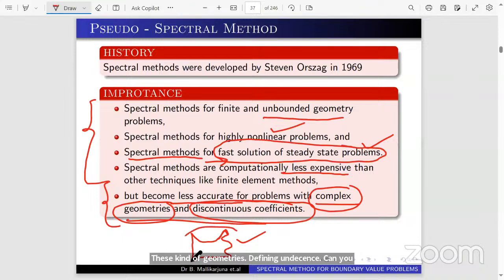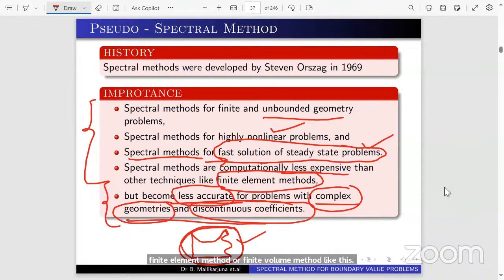But algorithm-wise, if the differential equation is very simple, then it is fine to find. But for these kinds of complex geometries, there is no guarantee of getting high accuracy compared to the finite element method or finite volume method.